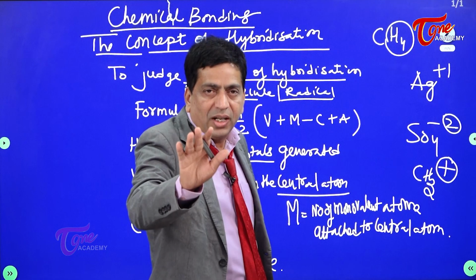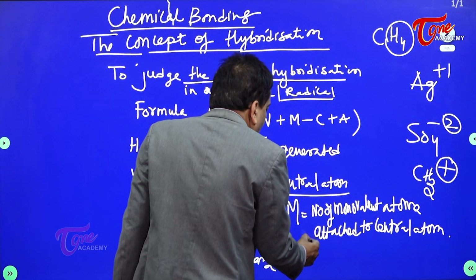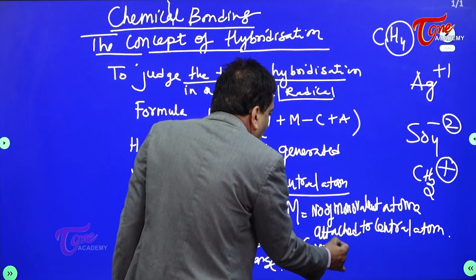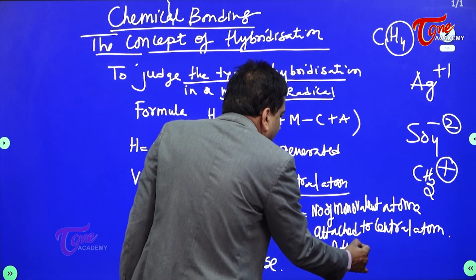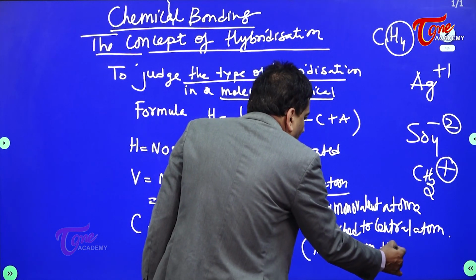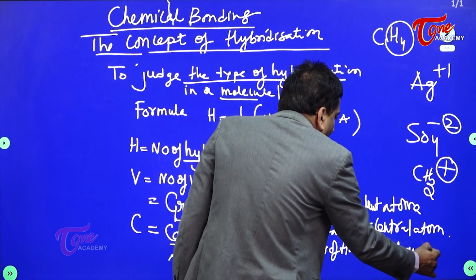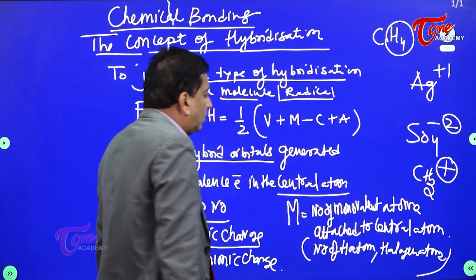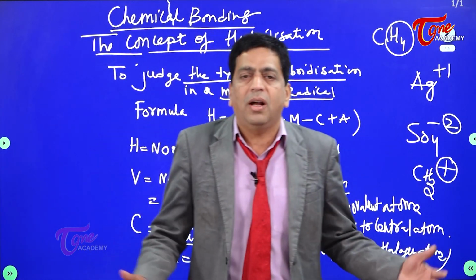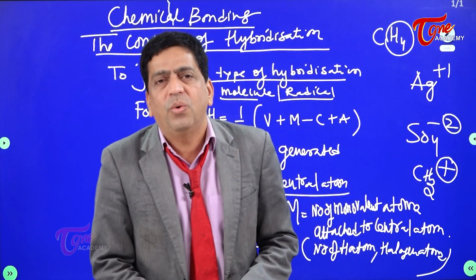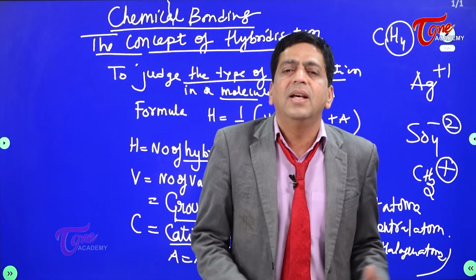If you want me to make it easy for you, it is nothing but the number of hydrogen atoms, comma, halogen atoms. You must understand. The number of hydrogen atoms or halogen atoms is the number of monovalent atoms attached to the central atom.